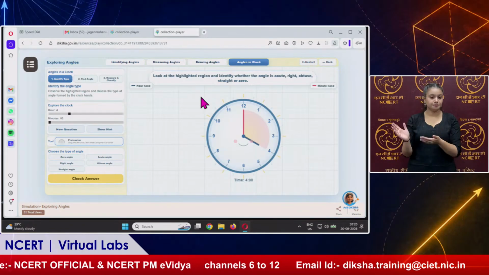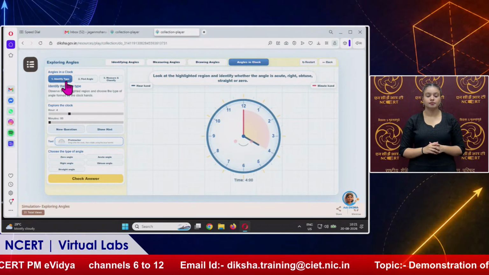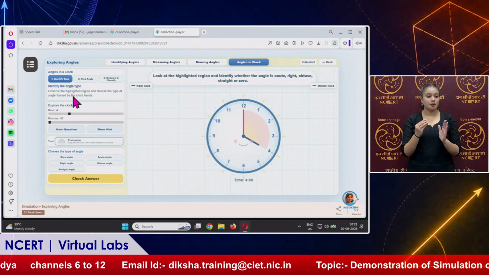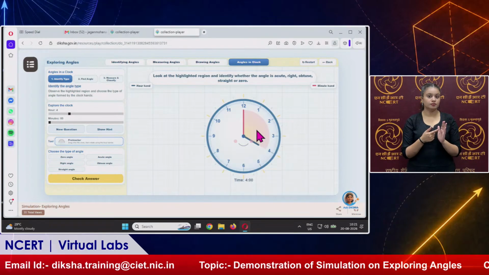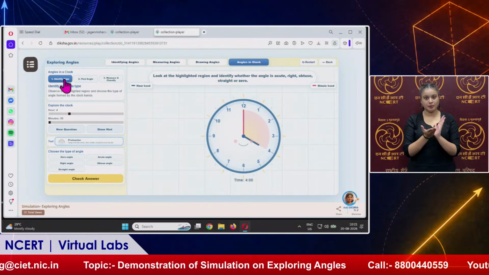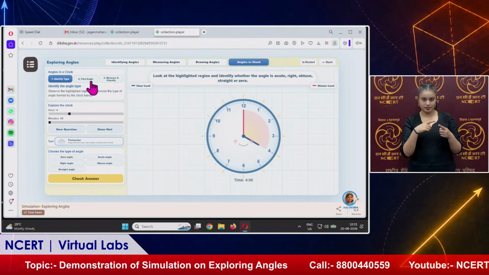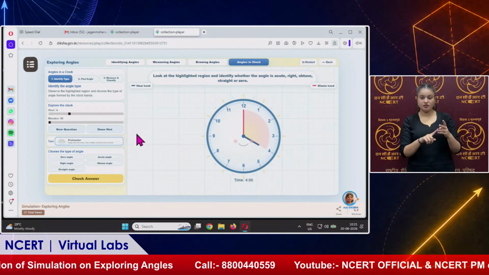Now we can see here the options: identify the type, find the angle, and measure and classify the angle.